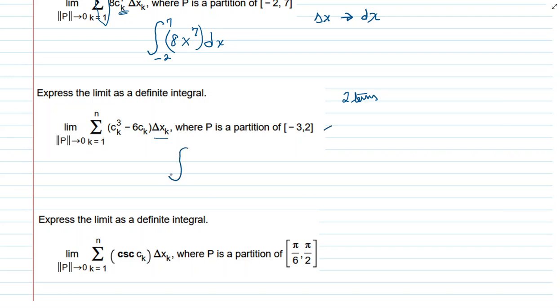So we're going to do our integral. We're going to place our limits lower to upper of c sub k cubed minus 6 c sub k, which is x, and of course our dx.